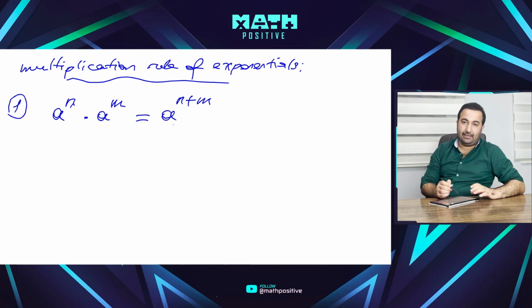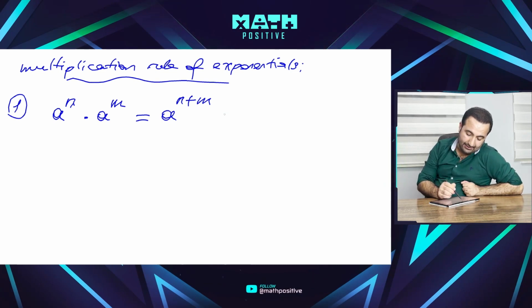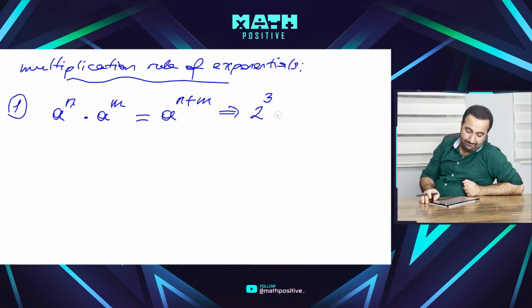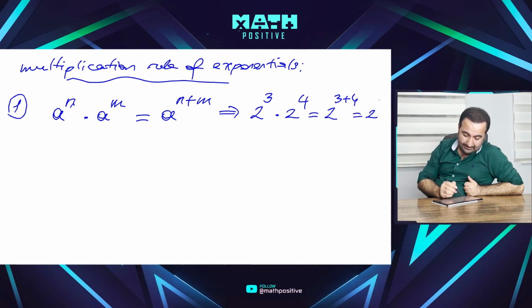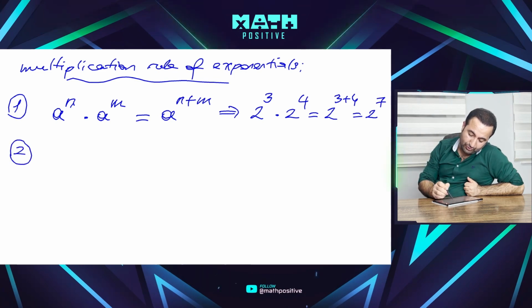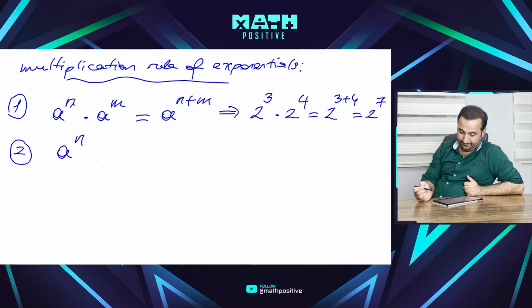This will be equal to a to the power n plus m. We add the powers and write just as power of a again. For example, if we have 2 to the power 3 times 2 to the power 4, we will have 2 to the power 3 plus 4, which is 2 to the power 7.